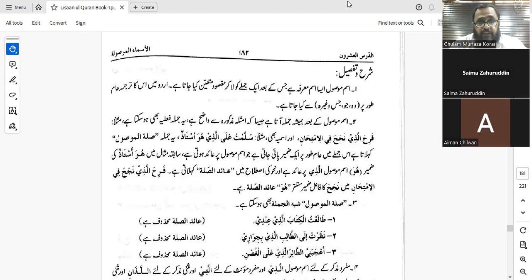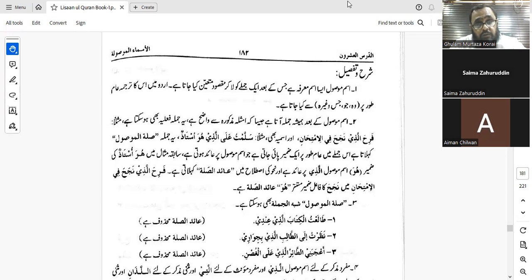And definitely ismul mawsul comes after a noun. There should be a noun before ismul mawsul. Yes, ismul mawsul has some specific forms. I will let you know again what the types of al-asma'ul mawsul are. It can be a common ismul mawsul, meaning mushtarika, that can be shared by all, right?